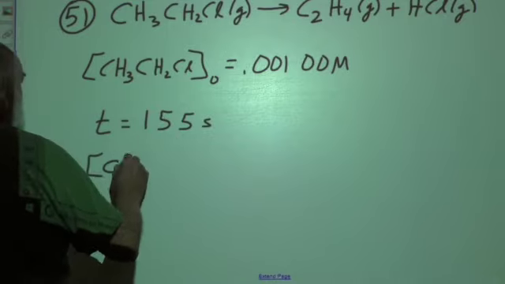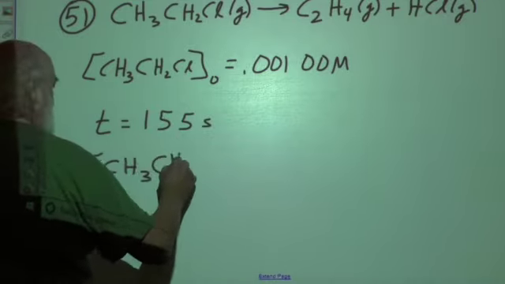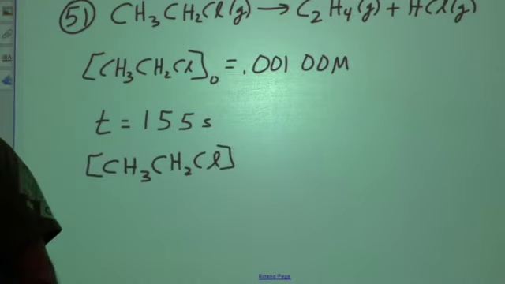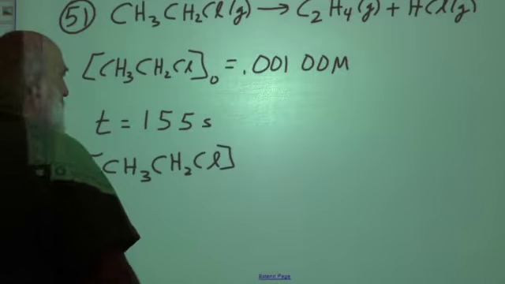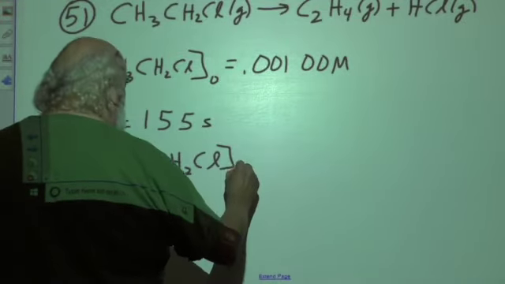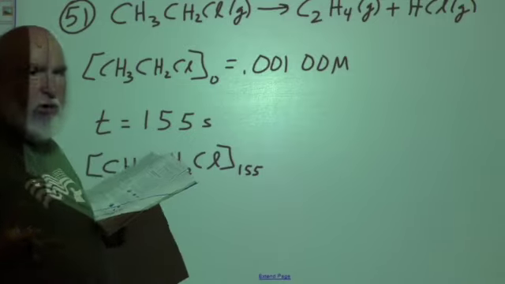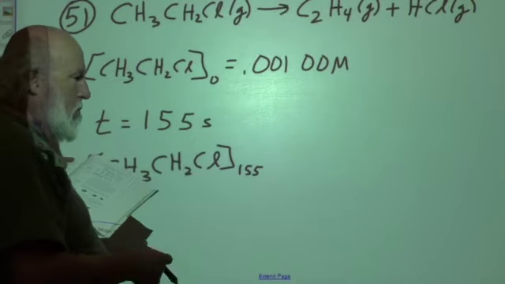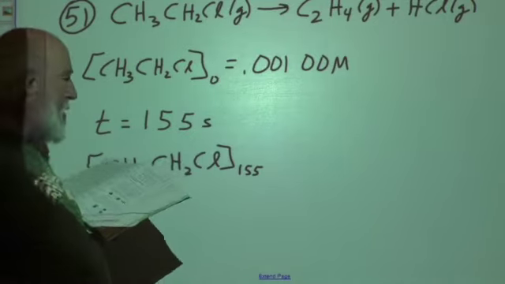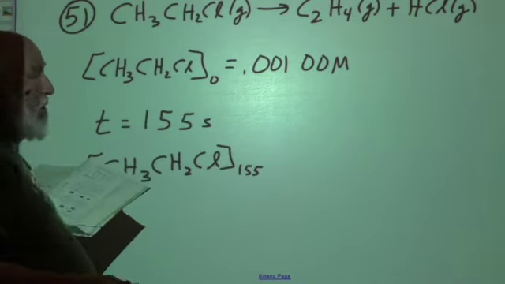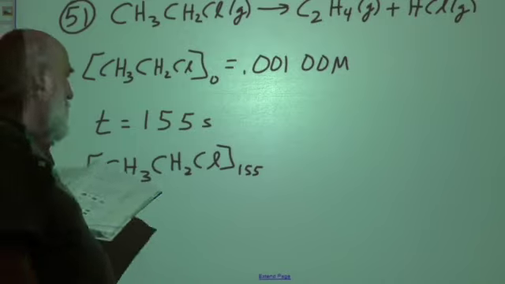So I'll put [CH3CH2Cl], but since this is at 155 seconds, and this is at 0 seconds, I'm going to put a sub 155, which doesn't really factor into the whole logarithm thing, but it's there to identify because we've got a third time and a third concentration that we're going to have to solve for.